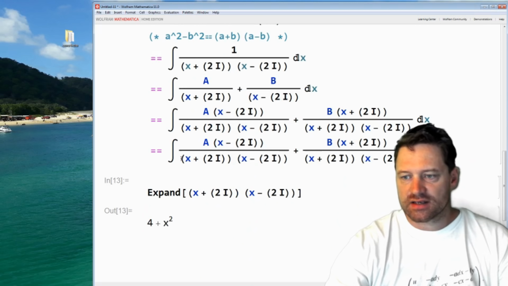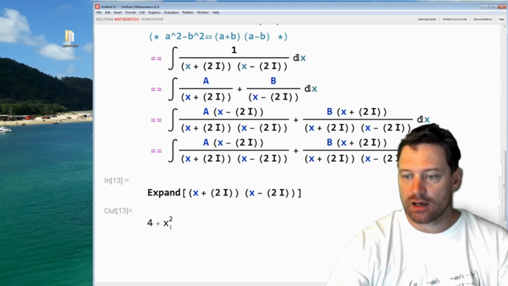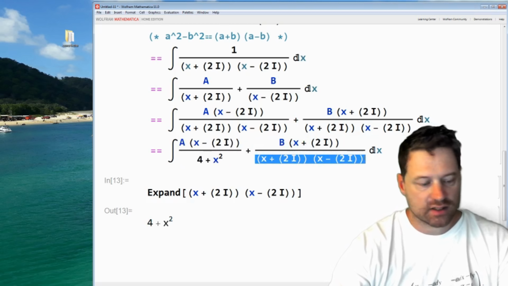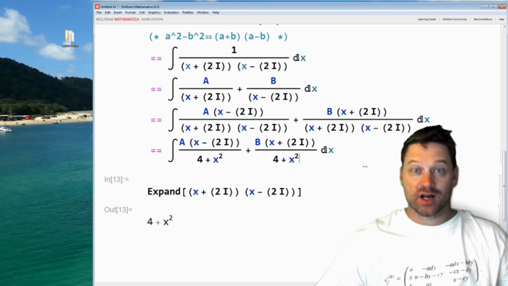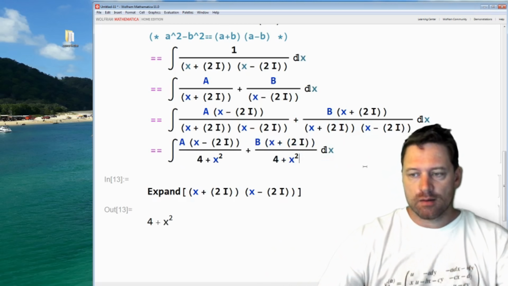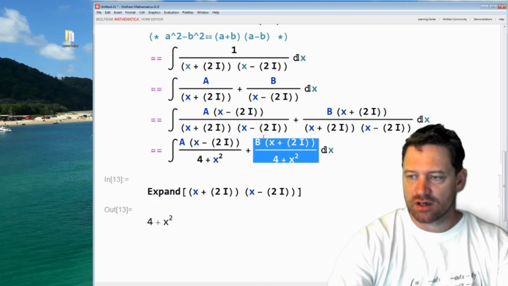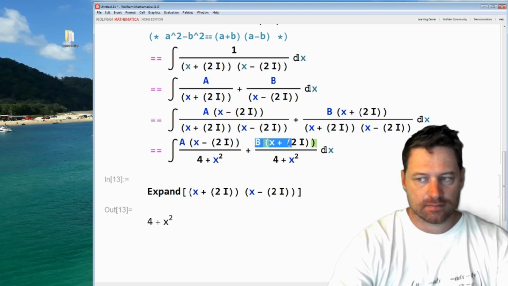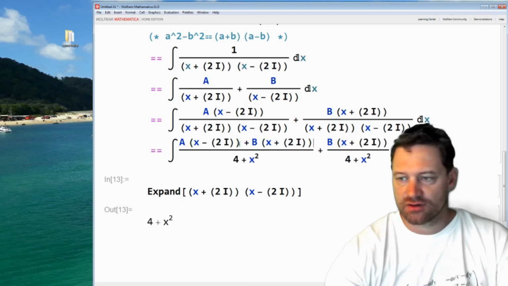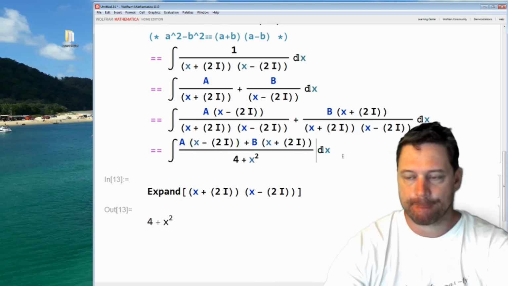Now we know that this is just x squared plus 4. So let's put that in. x squared plus 4, x squared plus 4. These denominators are common, so that's great. That means that we can put them over this same denominator, as in the numerators, plus, okay, I can do this. That's what I'm trying to say.